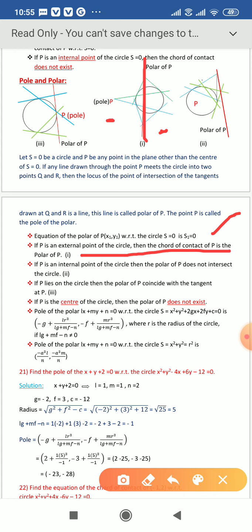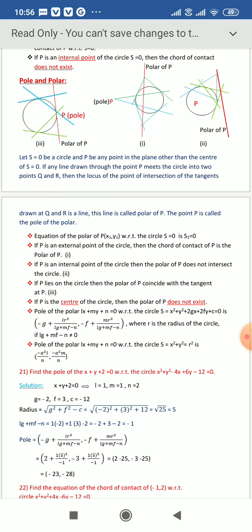Second, if P is an internal point of the circle, you observe the second formula. This is the second diagram. You observe the second diagram. Suppose here P is here. You observe the blue color line. From P, what is the definition?